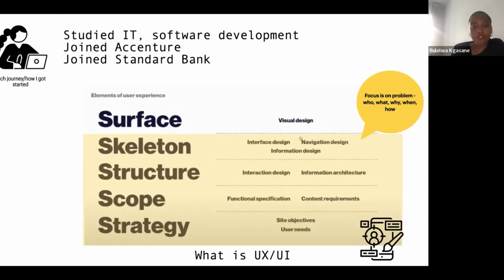From strategy all the way to the skeleton is where I focus, because it talks to how this thing is going to work. Who is it for? What is the business interest, and what is the strategy, and how does the business foresee making money, but also what is the overall experience of the user as well as the customer?